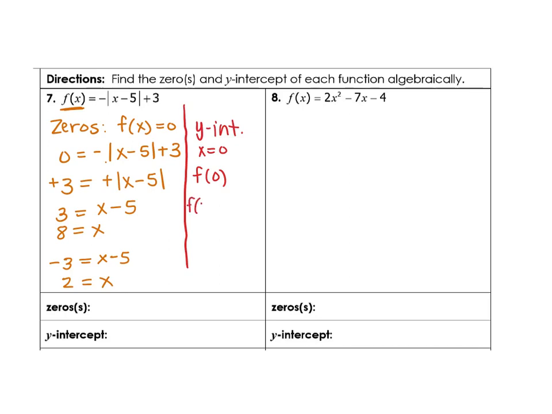So f at 0 equals negative absolute value of 0 minus 5, plus 3. So f at 0 equals negative absolute value of negative 5, plus 3. We do get a positive 5 in here, but the negative on the outside is going to make it negative. And so we see that f at 0 is negative 2.